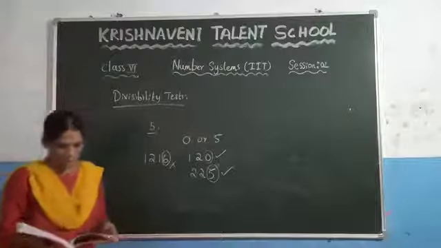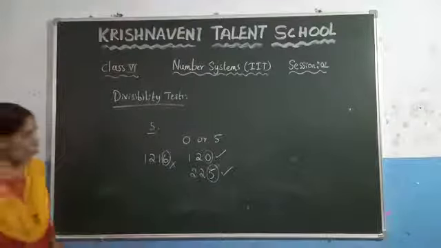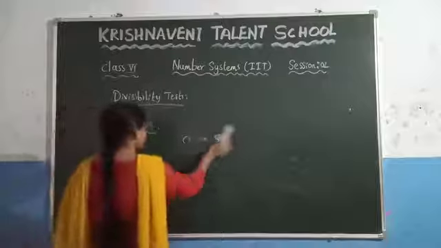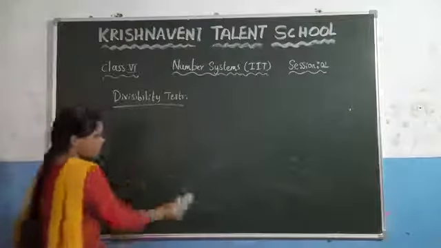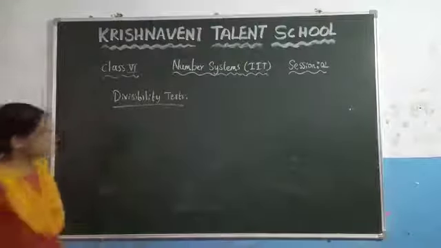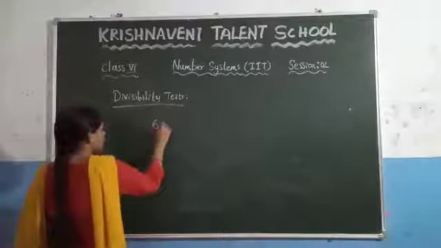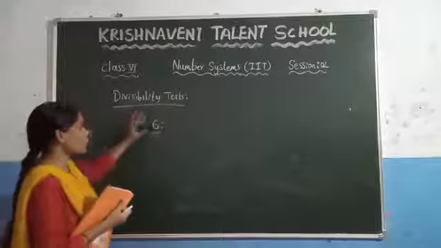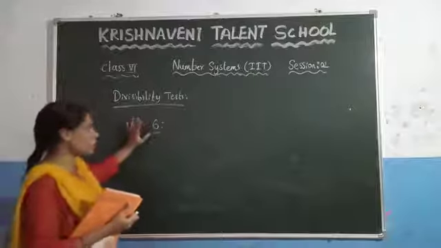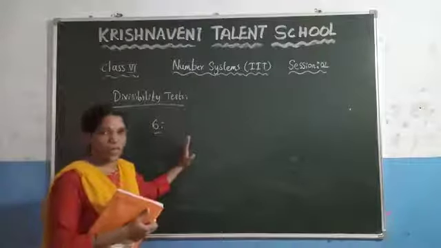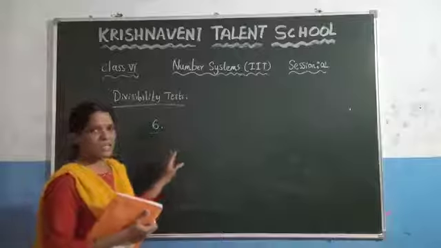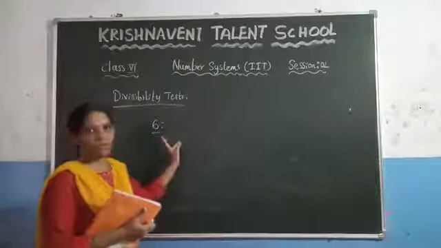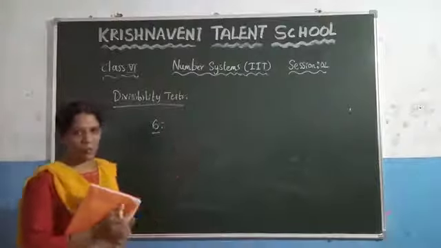Now see the divisibility rule for 6. What does the divisibility rule for 6 say? If you are given any composite number, you need to write it as a product of primes, and after that you can check the divisibility rules for those primes.